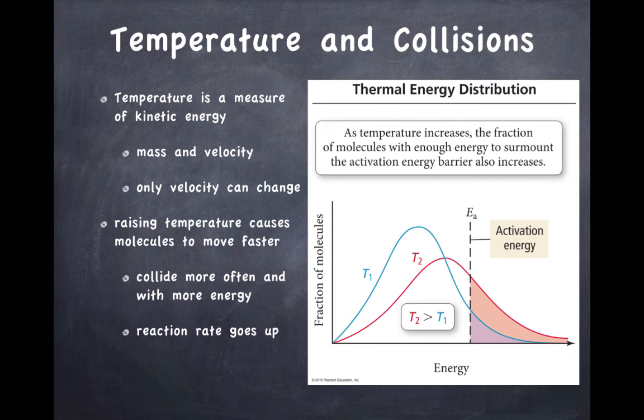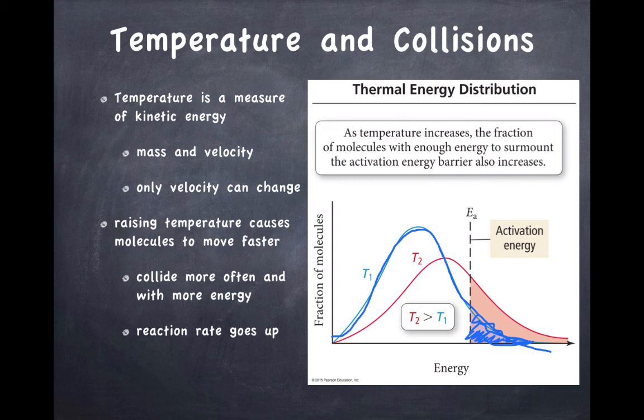So even with a really high activation energy, there's always some small fraction of molecules that have enough energy, so you're always going to have a little bit of a reaction. But here in blue, we see only a small fraction of those molecules have enough energy to get up and over that activation energy barrier. So the reaction rate will be sort of slow.